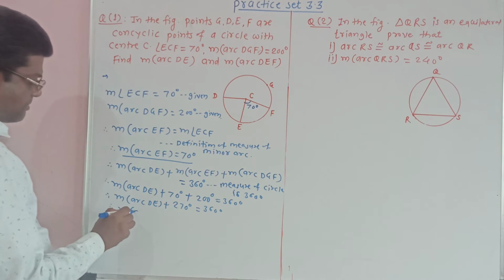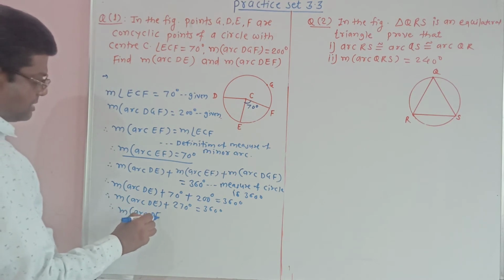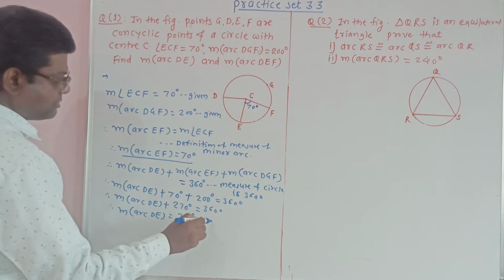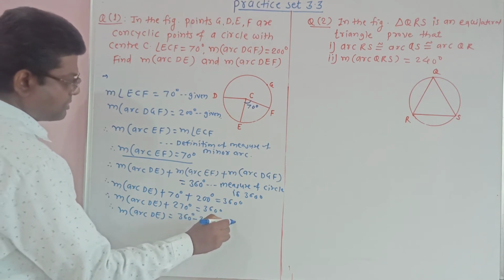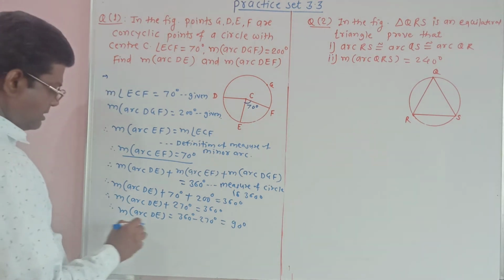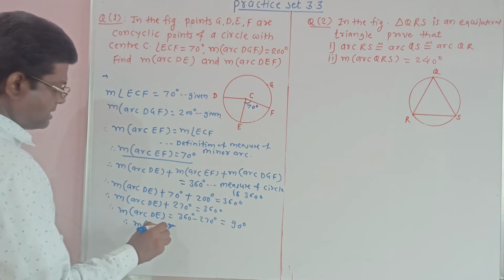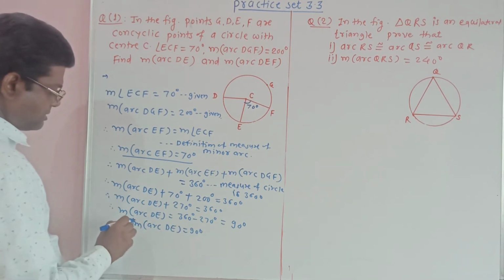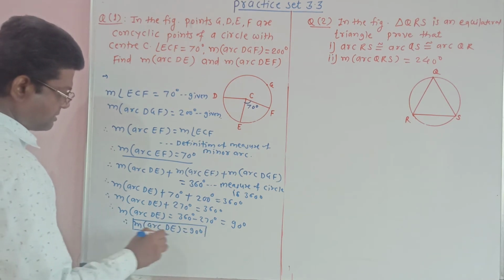Therefore, measure of arc D is equal to 360 degree minus 270 degree is equal to 90 degree. Therefore, measure of arc D is equal to 90 degree is our first answer.